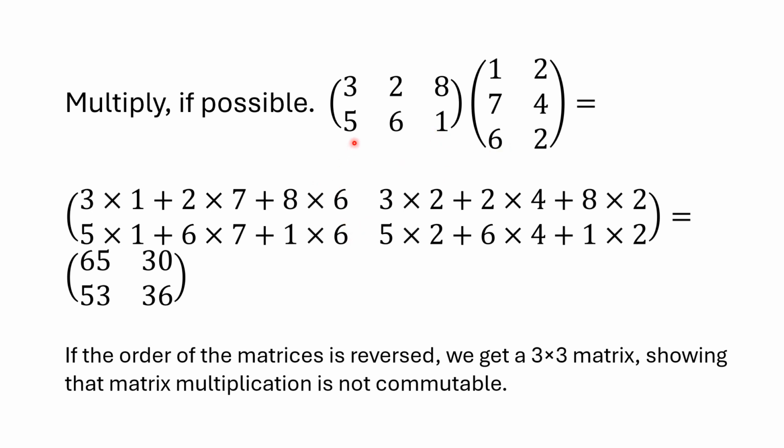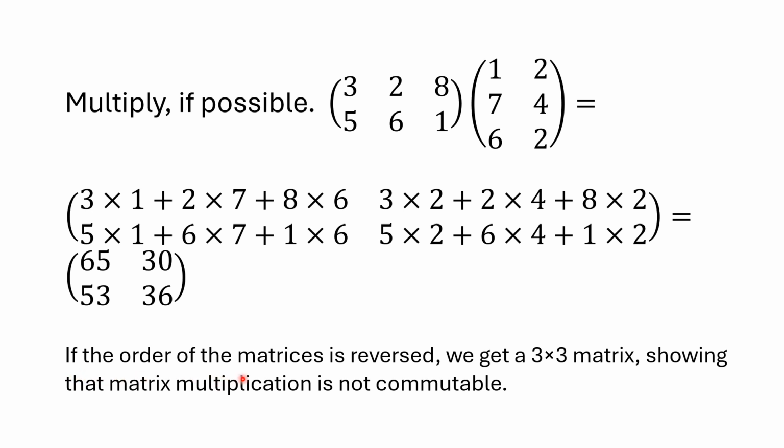And then we finish with the second row, second column: 5 times 2 plus 6 times 4 plus 1 times 2. And then we do the arithmetic of what's there. This final matrix that we would get is 65, 30, 53, 36.